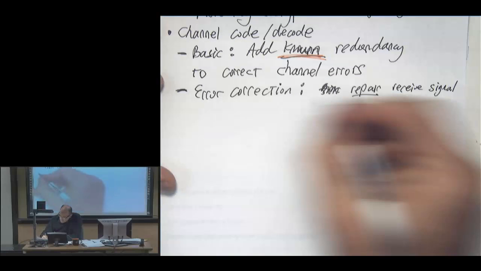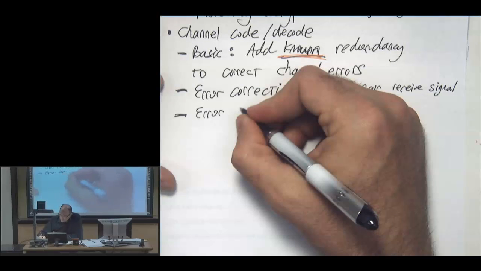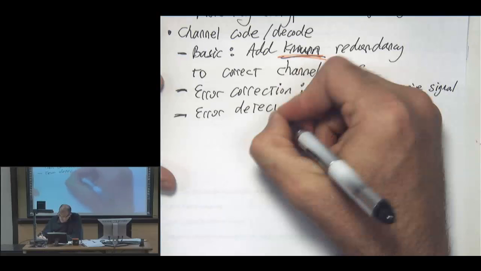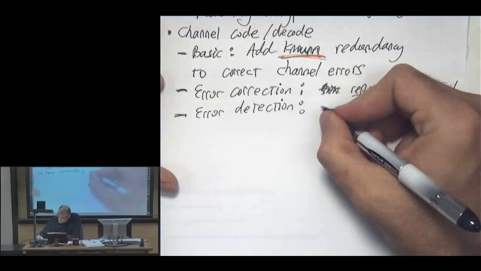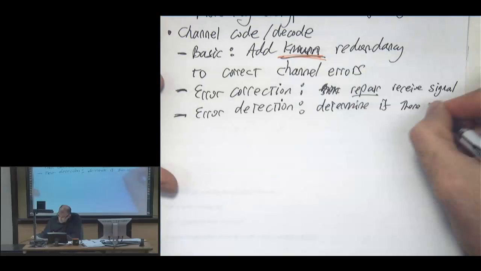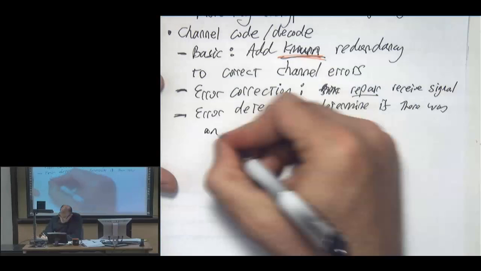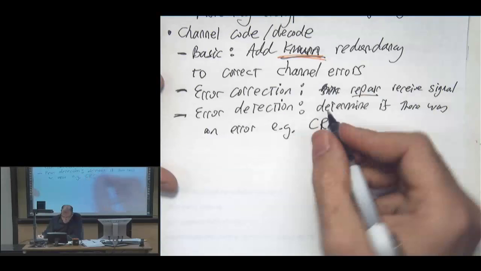Now another thing that we do with channel coding, actually this is very important as well. This is used widely in networking protocols, is error detection. So this is where you determine if there was an error. And the most common example of this is called the CRC, the cyclic redundancy check.